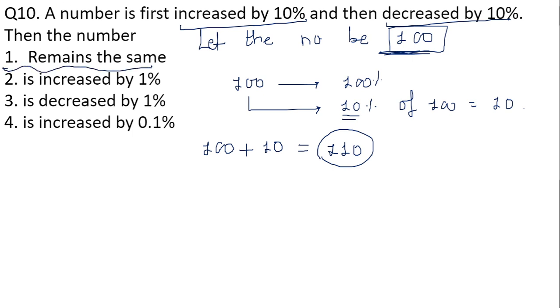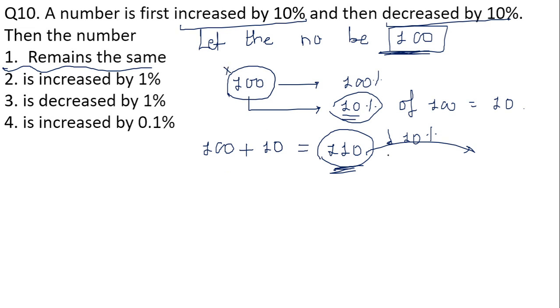No, the mistake you are making is this: first we increase 100 by 10% and get 110. Now we are decreasing this 110 by 10%, not this 100. So you have to remember this in mind.